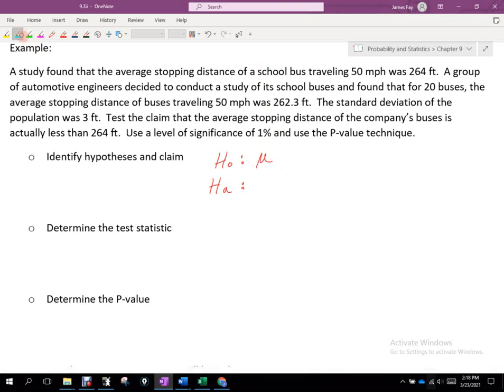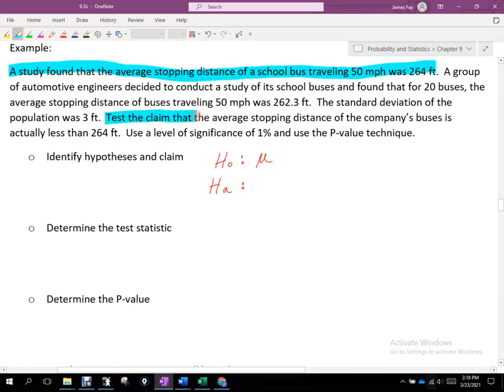So as we read this, talking about the average stopping distance, we have this blue statement here. It says a study found that the average stopping distance of a school bus traveling 50 miles per hour was 264, to test the claim that the average stopping distance of the company's buses is actually less than 264. So I guess in this one, I think I'm thinking about the next question we do. I do establish what the claim is here pretty obviously, right? So mu is or was 264.